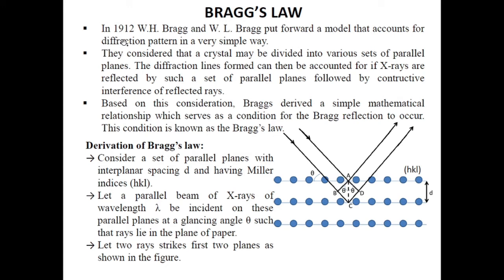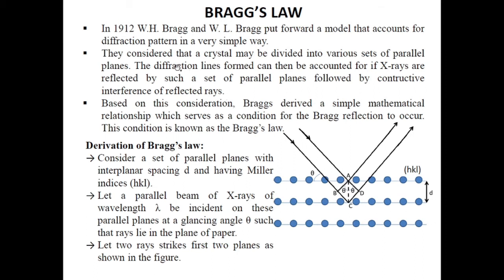So in 1912, W.H. Bragg and W.L. Bragg put forward a model. That model considered that a crystal can be divided into various sets of parallel planes, and those planes can be assumed to be smooth like a mirror.